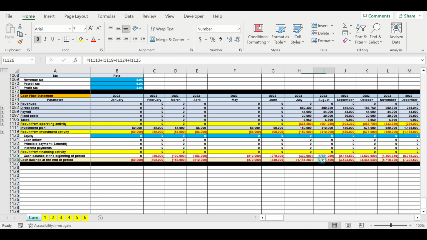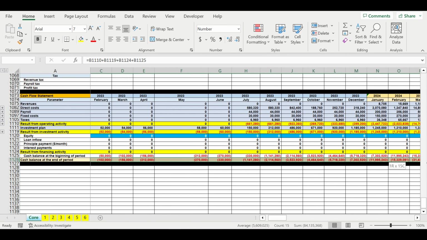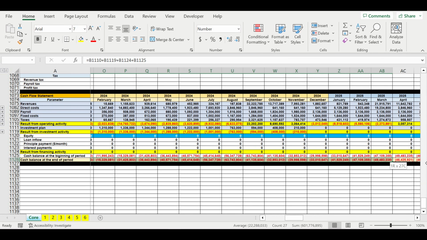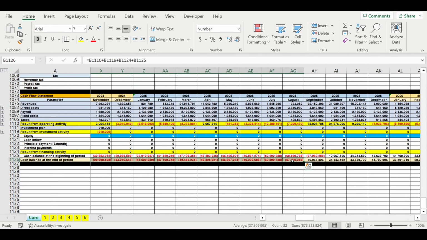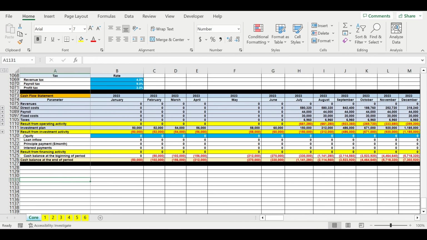So this is called cash gap. So this period is a cash gap. So we need to avoid all these reds, and we have two pockets to compensate these losses. Equity, so this is the money from our pocket, and the loan, so it is a bank story.